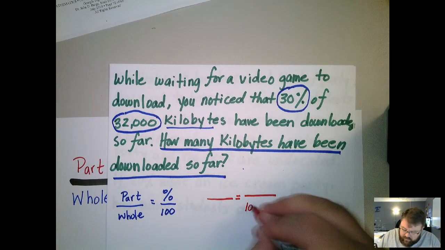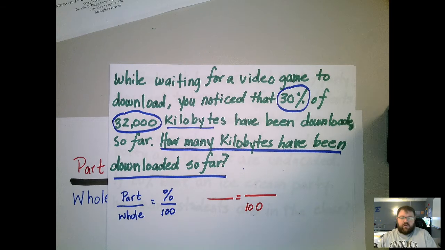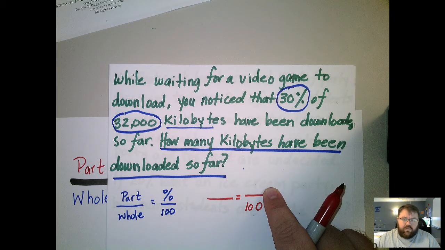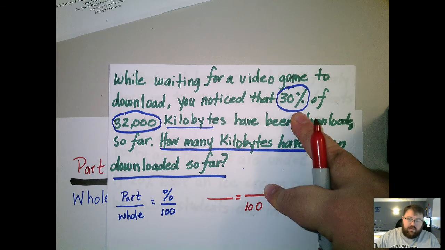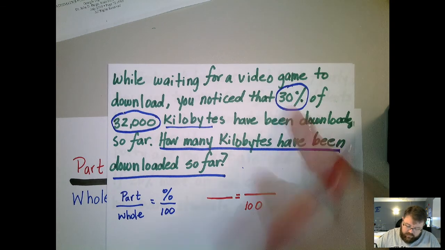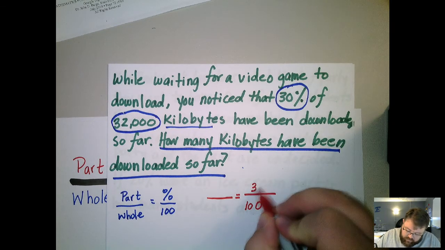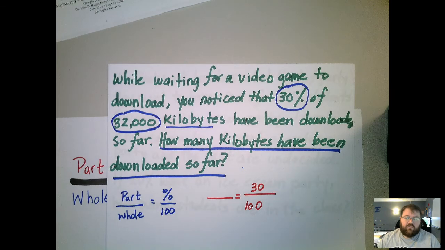I put the 100 here. Now, next I look for the percent. We have a percent, so I know that this percent goes on top of the 100. Now it's just the number, okay? Just the number for right now.